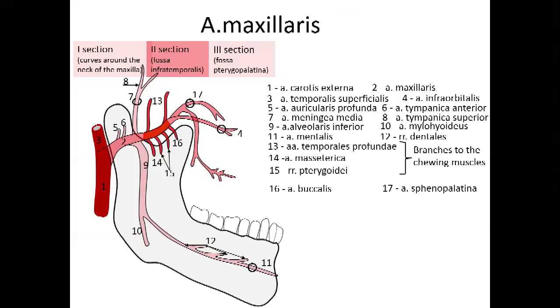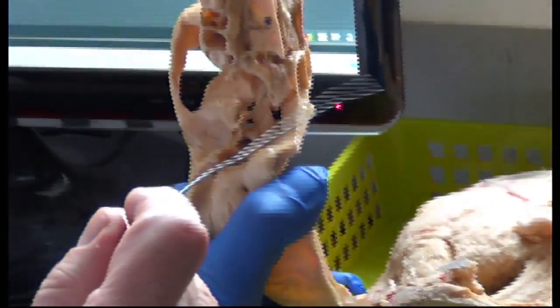And now we shall return to our presentation. Number 18 is arteria palatina descendens. You can see that it passes downward through a special canal, canalis palatinus major. Canalis palatinus major is here.